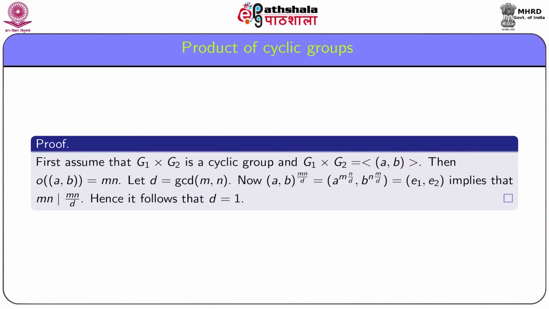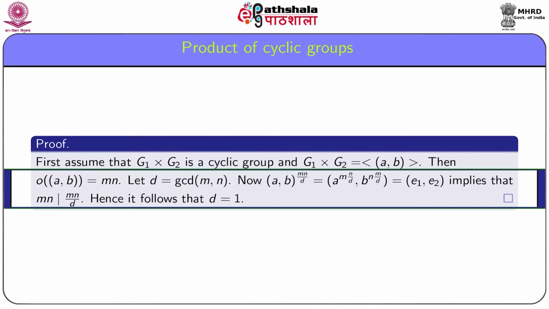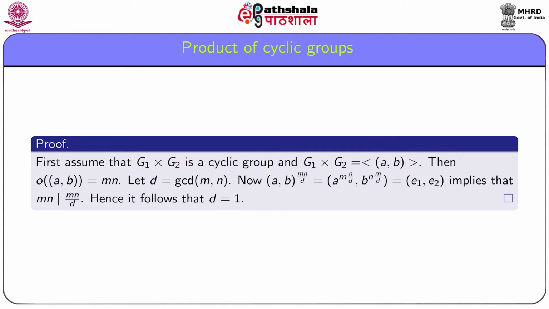We are to show that m and n are relatively prime, that is, their GCD is 1. Suppose d is the GCD of m and n. Now, the pair (a, b) to the power mn/d is equal to (a to the power mn/d, b to the power mn/d).